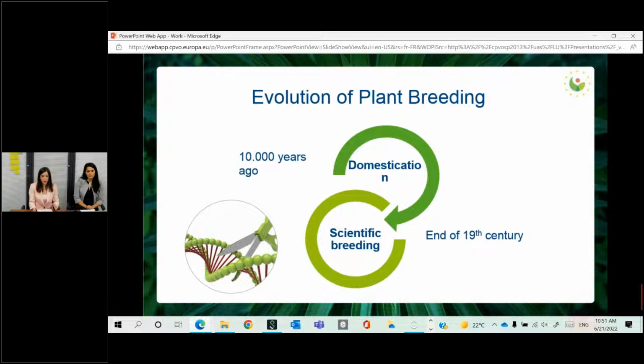There was a whole process of domestication, so to say, and then by the end of the 19th century, we arrived at what we call scientific breeding. First of all, Gregor Mendel discovered the laws of genetic inheritance in plants, and this was the cornerstone for further scientific research.